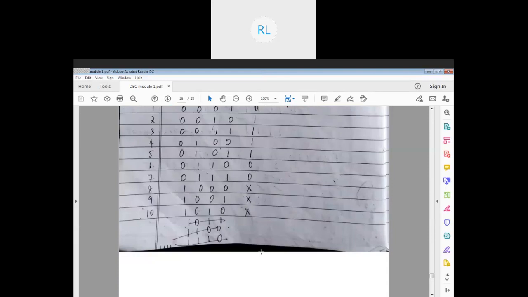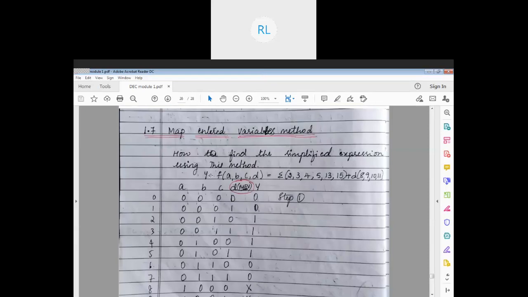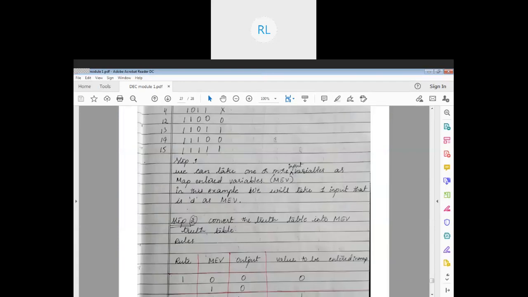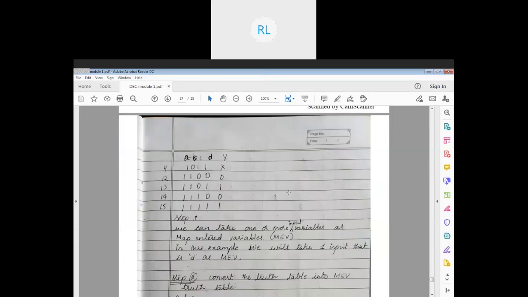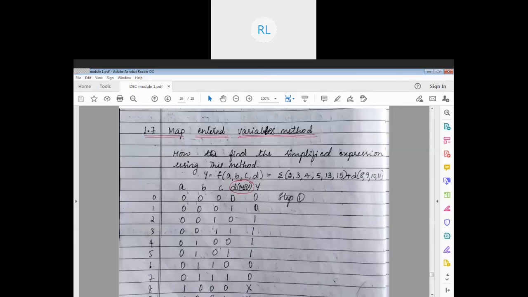Okay, thank you. So we have this output function. This is our step one. Step one is creating a truth table once we have an equation. That's our step one. We can take one or more input variables as map entered variable. So in this example we will take D as our MEV.